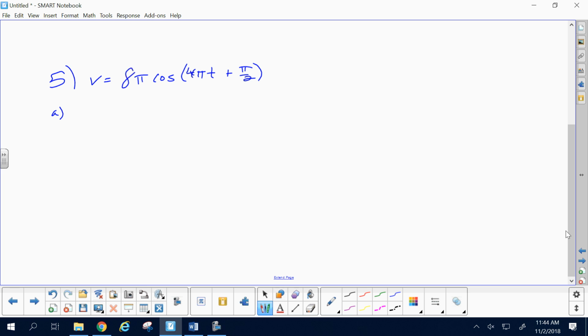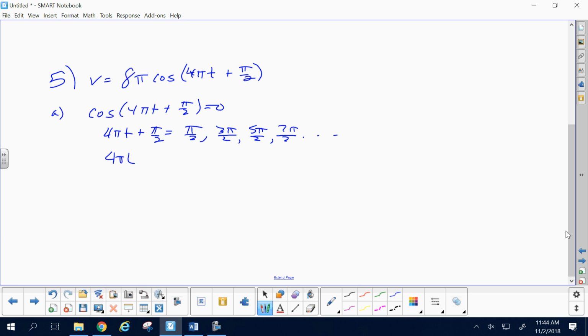So I assume in part A you find the at-rest points by finding where cosine is 0, and that would be when the angle turns out to be pi over 2, or 3 pi over 2, or 5 pi over 2, or 7 pi over 2, etc. That means 4 pi t would have to be 0, or pi, or 2 pi, or 3 pi. So t is 0, or 1/4, or 2/4, or 3/4, or 1, and so on. All right, boom.